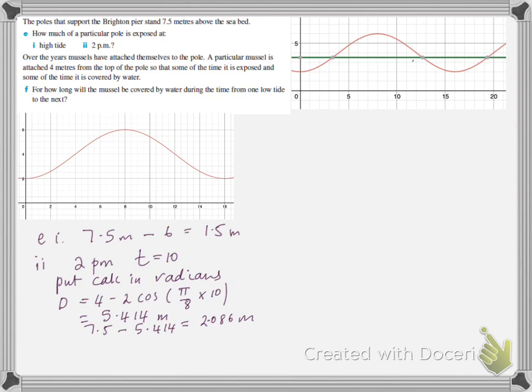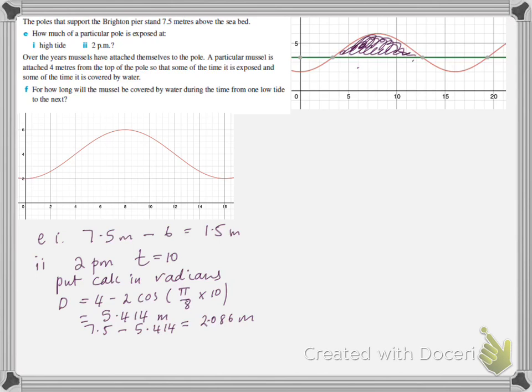And you're asked how long will it be covered by water during the time from one low tide to the next. So the bit that it's asking you to work out is all in here, like this time here, where it's covered by water. Okay, a couple of ways again to do this.